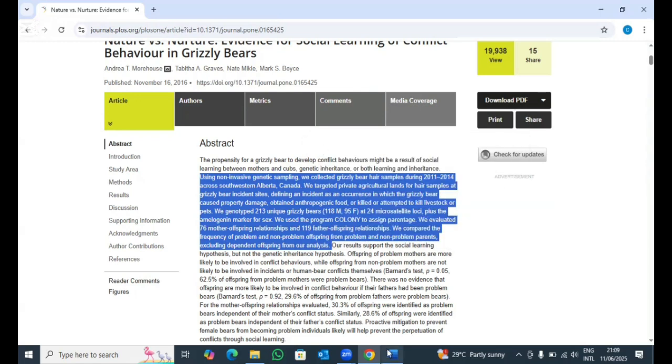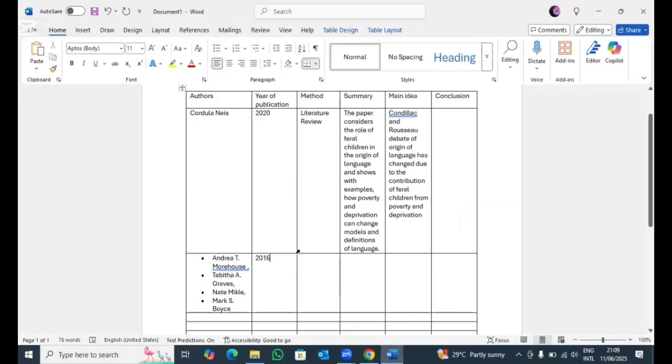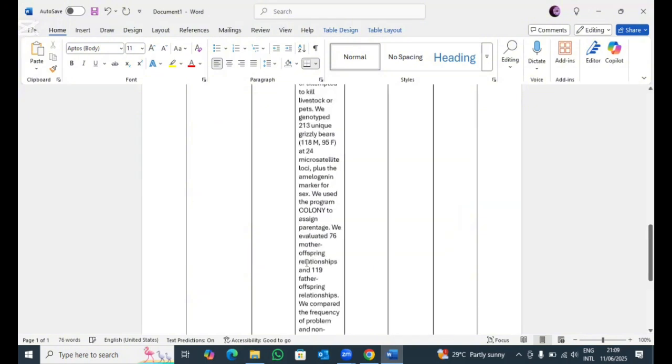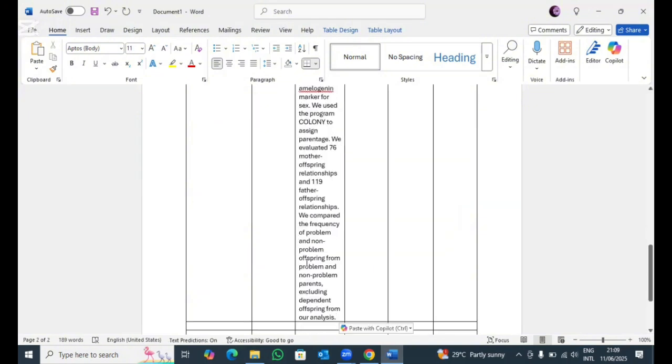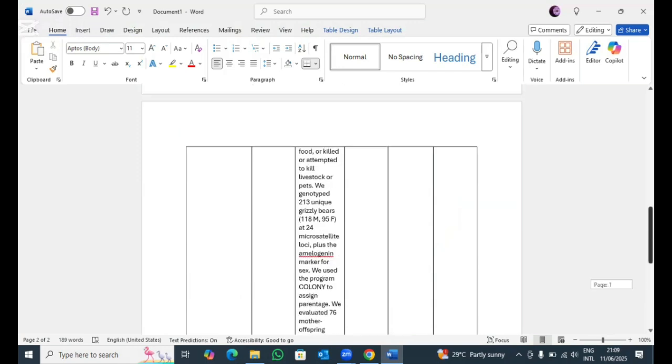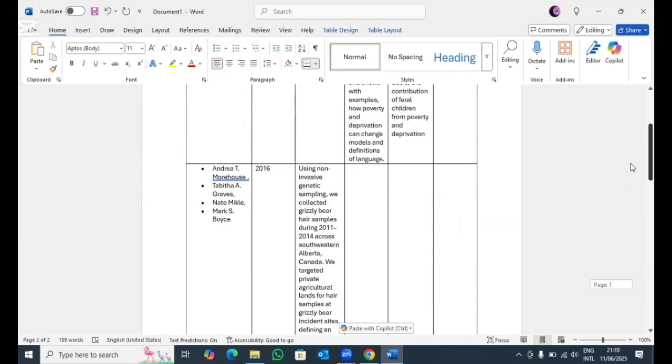Remember what I explained about methods, right? How did they do it? Do we understand that part? Yes. Juliet? Yes. This is too lengthy. Juliet, did you understand that? Yes, ma.